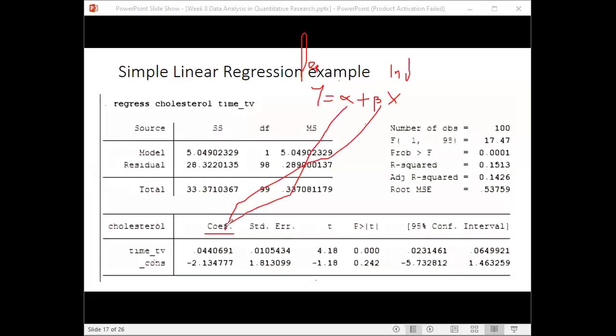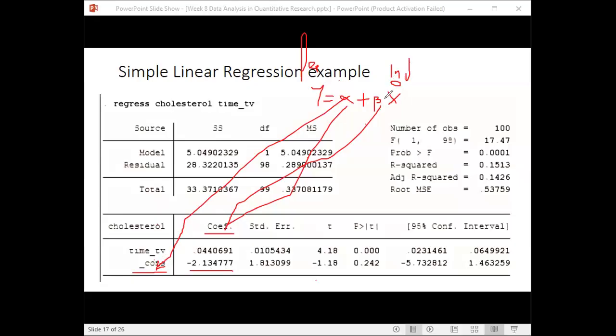Or bring out. Okay. Now pay attention. This constant here, you see _CON, is called a constant. That is the intercept. And so alpha here is being measured by this constant. That is if x is equal to 0, this is the value that you get, negative 2 point blah, blah, blah.